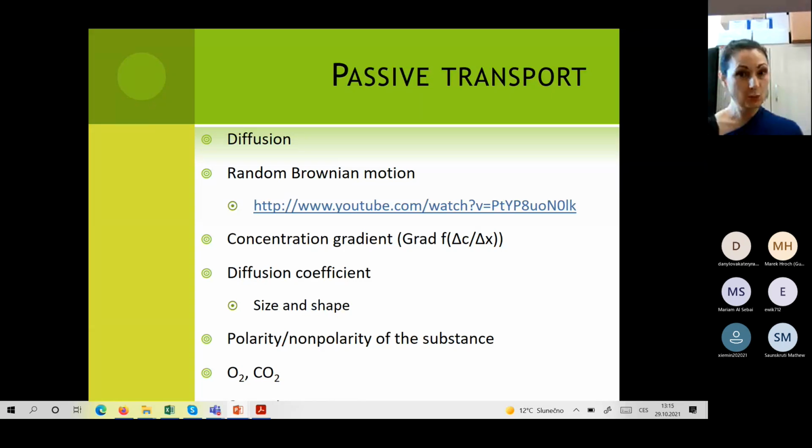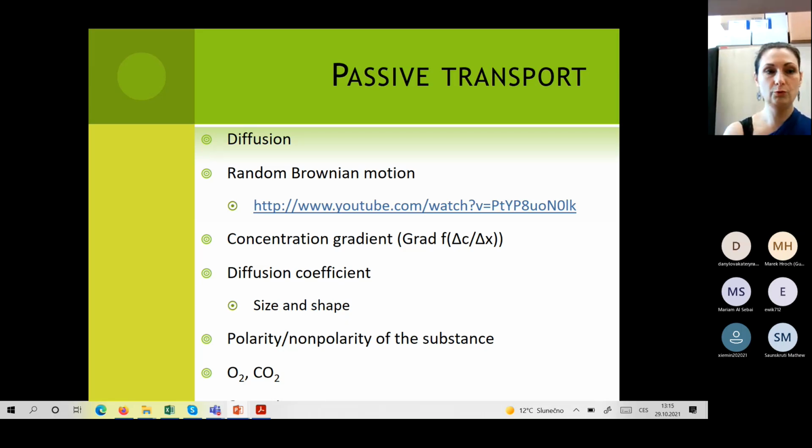So small particles can be faster. They can make more movements in general. Bigger particles, or particles with a complicated shape, will have more difficulty in movement because of the interaction. You know, I will show you.